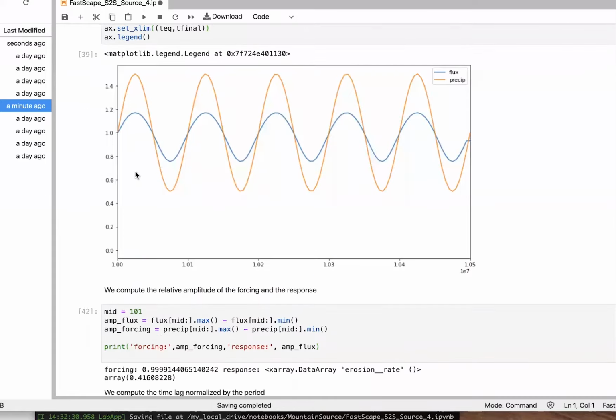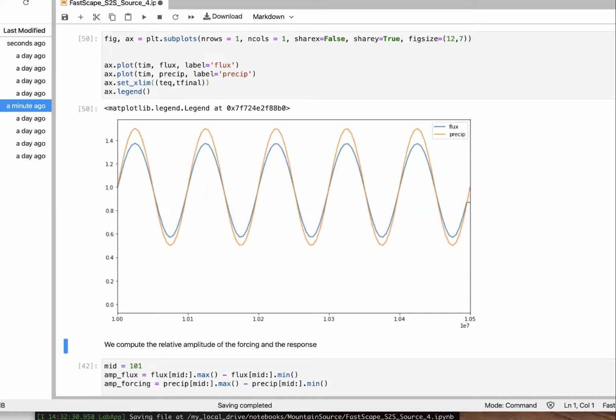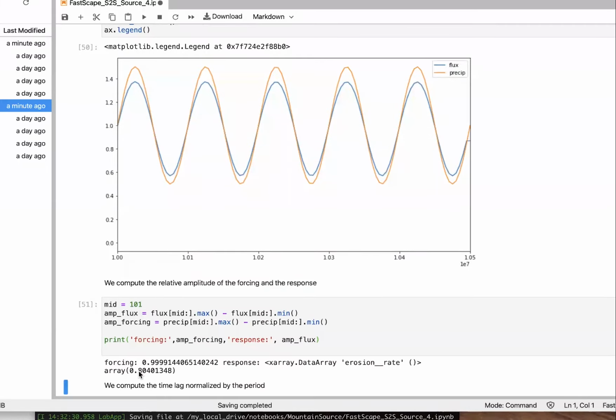Now, the flux coming out, the amplitude of the flux response is much greater. If I look at the ratio between the two, we see that the output signal, the flux that I get out of this, which is what I'm going to record in my sediment stratigraphic record, scales with the precipitation variations.